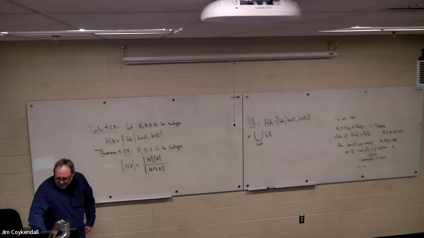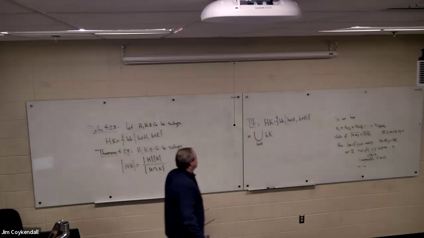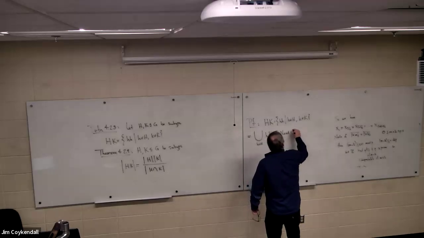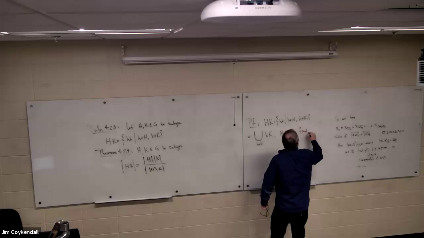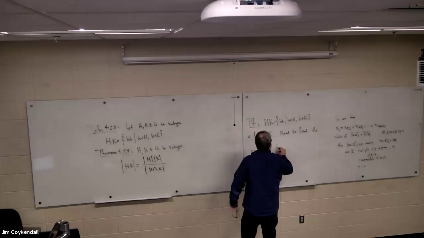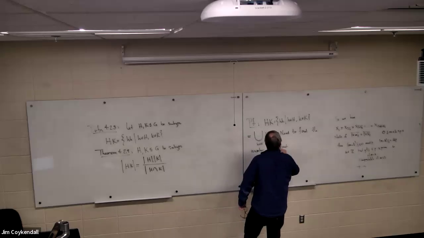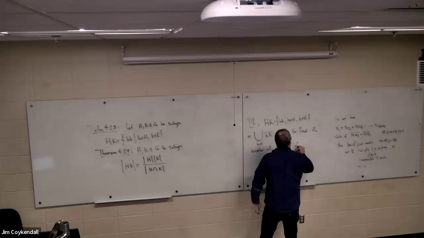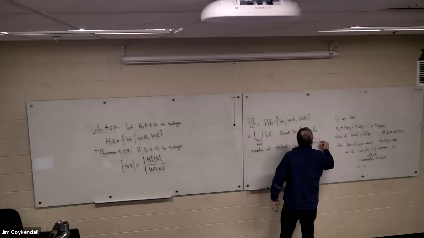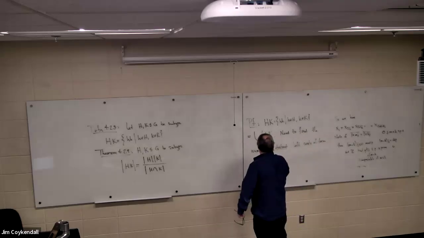So we need to find the number of distinct left cosets of the form hK.